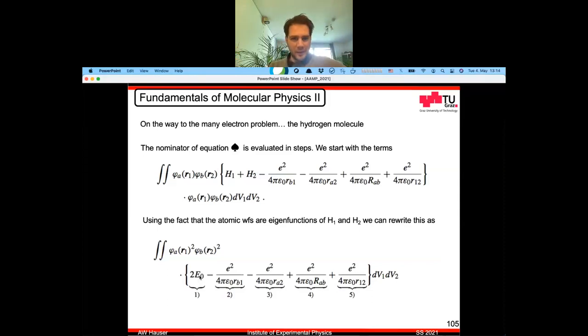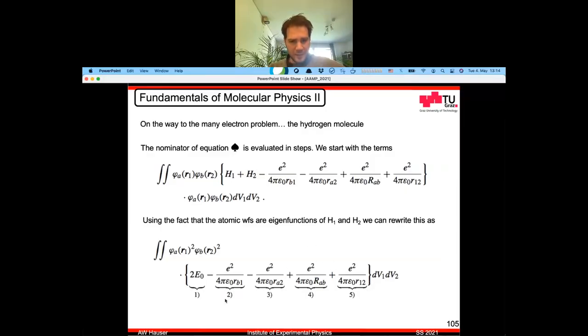H1 only acts on the first electron, H2 only on the second, so you can pull the other parts of the atomic wave function over the operator and integrate. So you have this integral over phi A, phi B squared, and you have the expression 2 times E naught, the eigenenergies of H1 and H2. Then we have these remaining terms, which we are going to work through step by step.